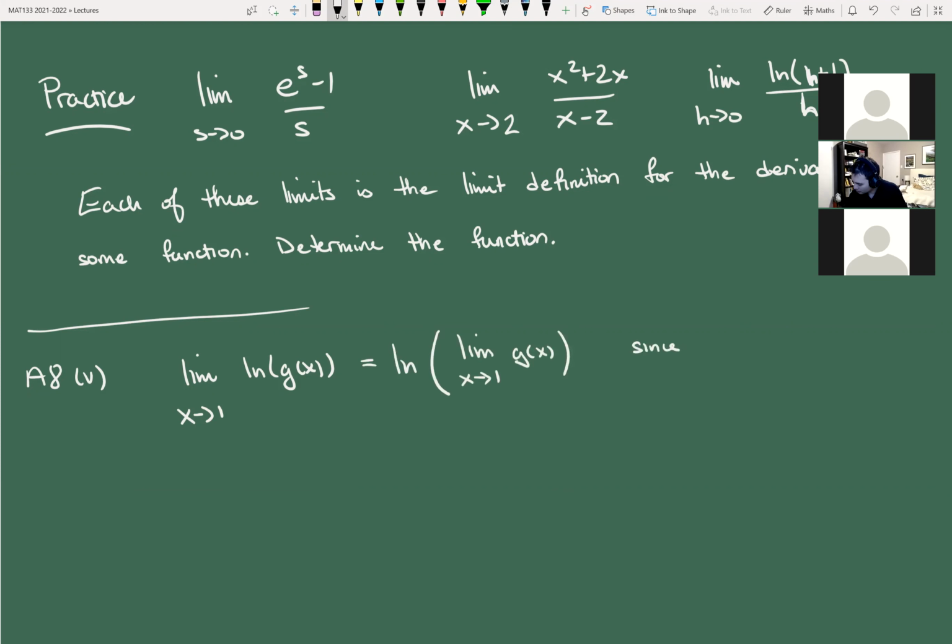Since ln is continuous at 1. Well, since ln is continuous at, we'll see. Since ln is continuous, okay? And now what is the limit as x approaches 1 of g of x? Just from inspecting the graph. Exactly.